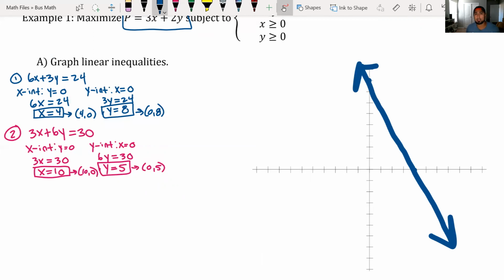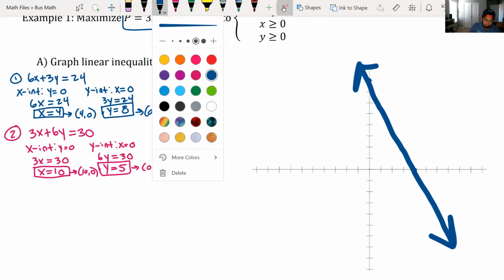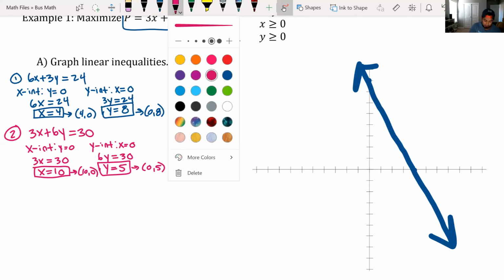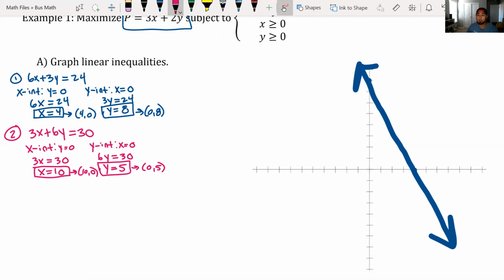I think these are all less than or equal to or greater than or equal to, so these will all be solid. Okay, and then put that back at its regular size so I don't mess up like last time. And then we have x equals 10. So 1, 2, 3, 4, 5, 6, 7, 8, 9, 10. And y equals 5. 1, 2, 3, 4, 5.